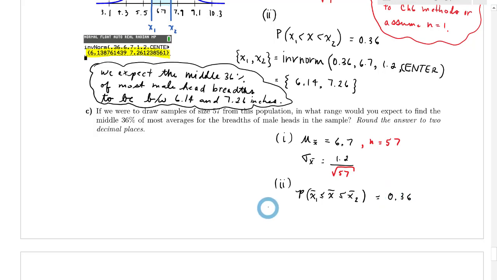So in order to find x sub 1 bar, comma, x sub 2 bar, now we're looking for sample means from sample sizes of 57, in which bounds the middle 36%, we can now use invnorm. And it's going to look similar, but you can expect that the standard deviation will be 1.2 over the square root of 57, but still choose center.